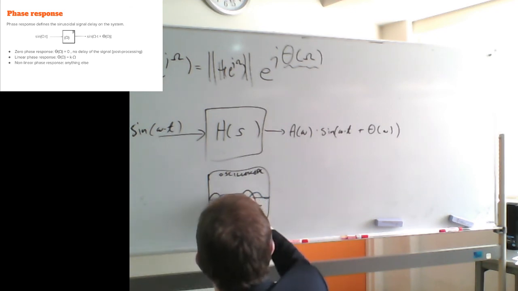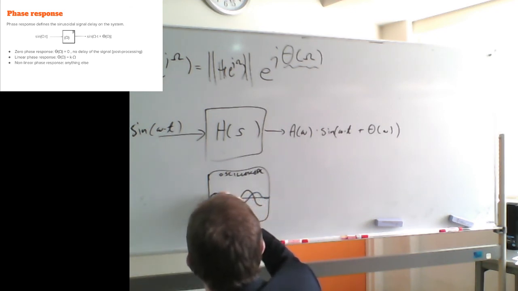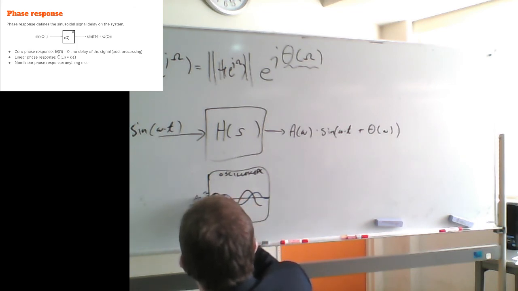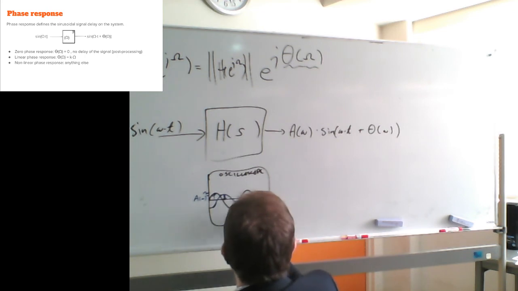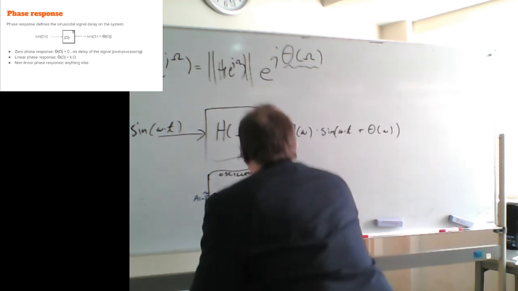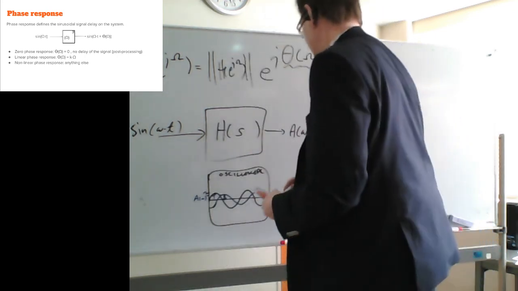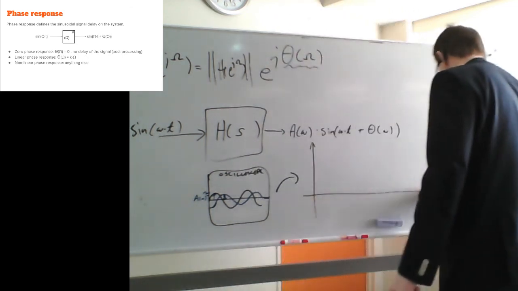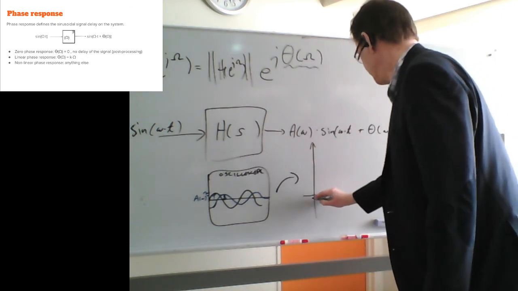Meaning that the amplitude has changed. If this one was 1 here, then this would be the A at omega. And then basically, well, I will expand that one. I'll connect my computer and then analyze it further.